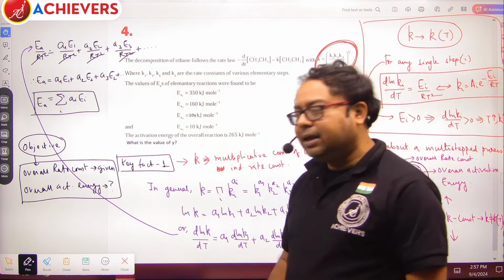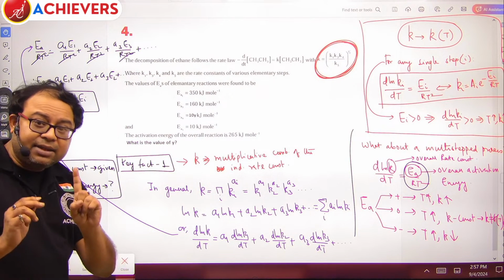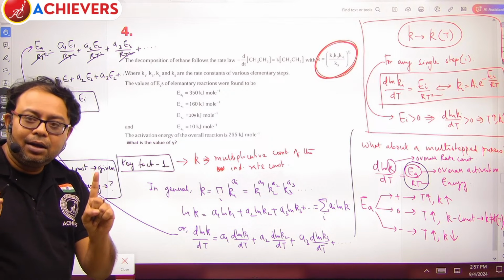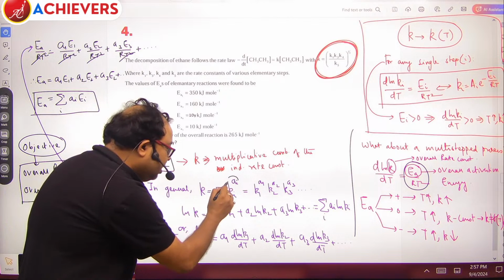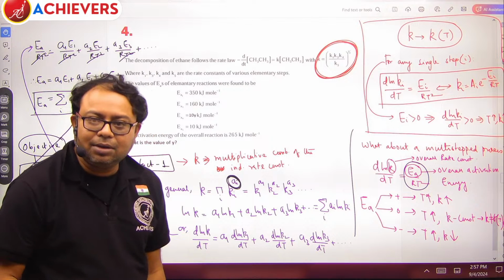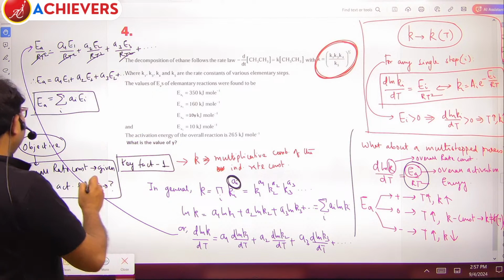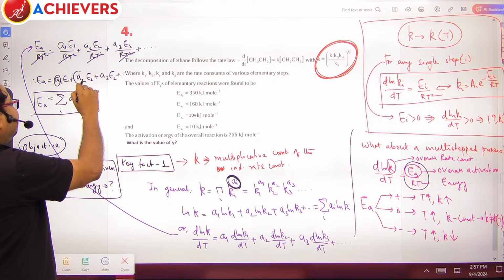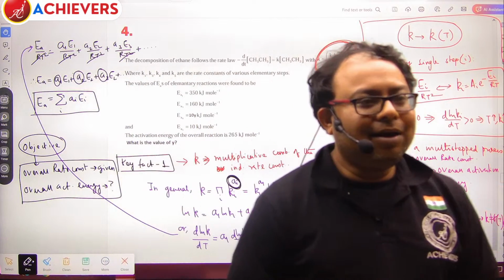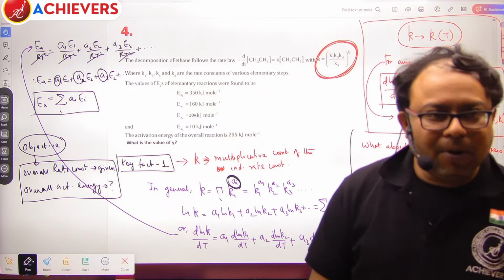Just remember one thing. In case of overall rate constant expression, the powers of the individual rate constants will become coefficients for overall activation energy. See, I am repeating it once more.